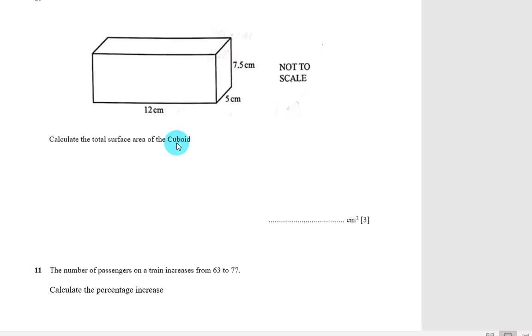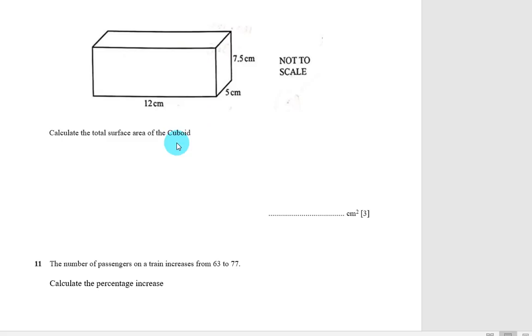Let us go ahead to another question. This is a cuboid 12, 5, 7.5. Calculate the total surface area. How many faces do we have? We have 6 faces. Let us start to find the area. Area is equal to 2.